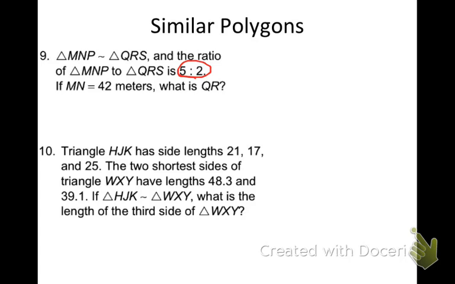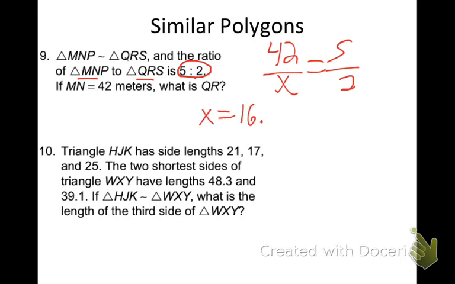Ryan? Nice job. 42 over x equals 5 over 2. The ratio says it's 5 to 2, so I'm going to use that. And then 5 correlates to MN, so QR would correlate to 2. So then 42 over x equals 5 over 2. When we work it out, then what did you get, Ryan? Nice job, sir.